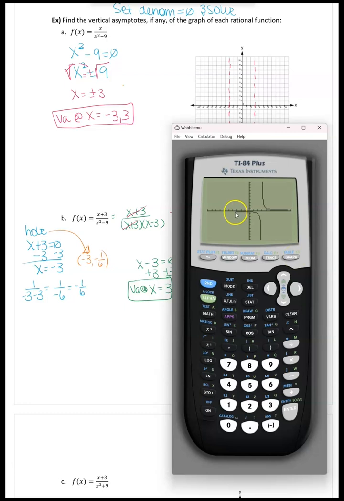Then we can see here is where our hole is, and then this goes off like that.